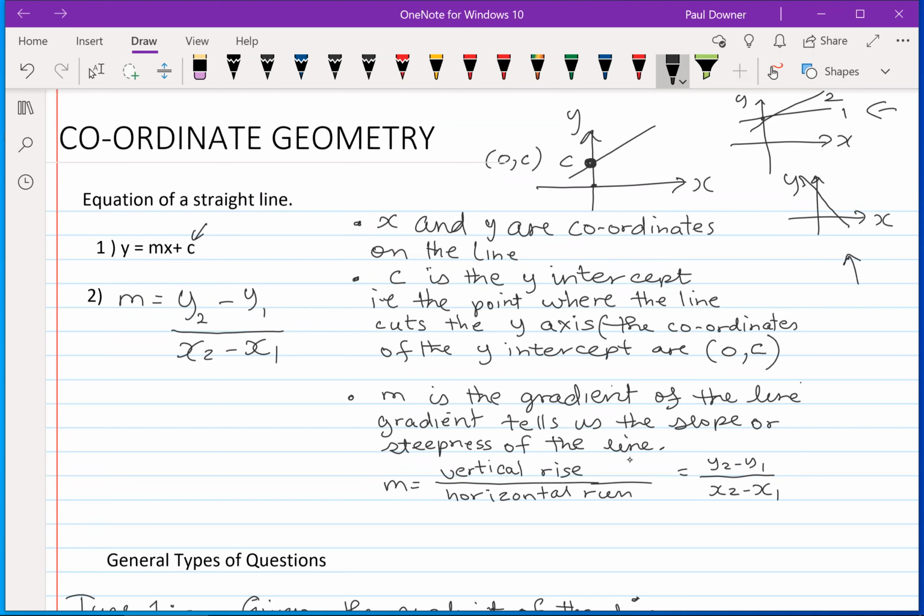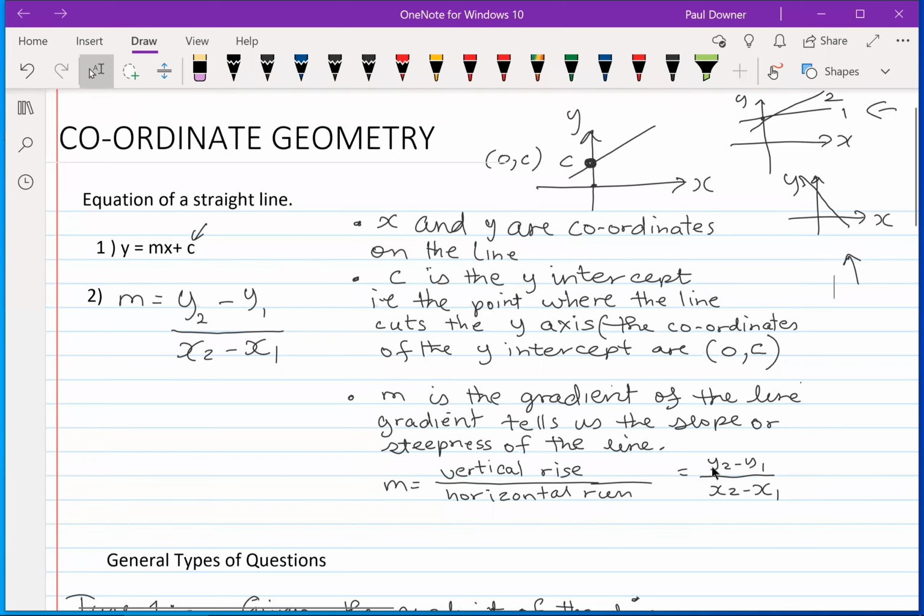And of course, the greater the steepness or the slope, the greater the m value, which is this value here. So we say m is the gradient of the line, and it tells us the slope or steepness of the line. Now, there's another way to come up with m. It's the vertical rise divided by the horizontal run between any 2 points on a line.